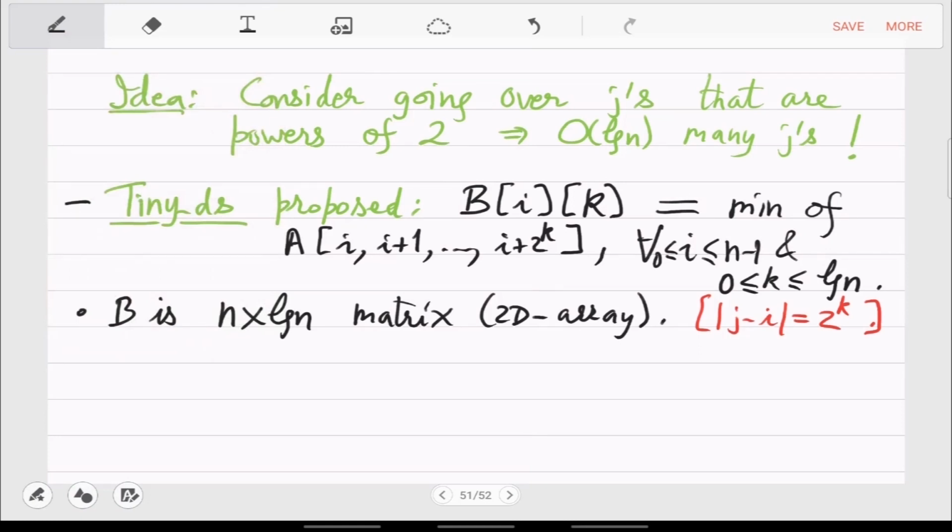Now the j's that remain that are not in this, let's say j prime, the point is that you have to investigate whether those queries i comma j prime are independent of what you have stored, or is there a dependence?